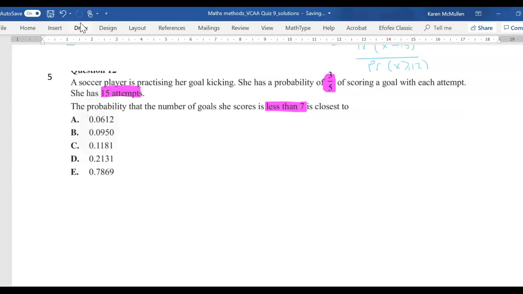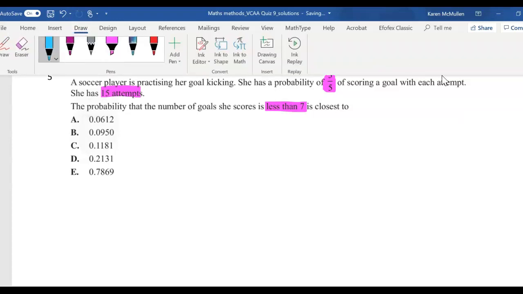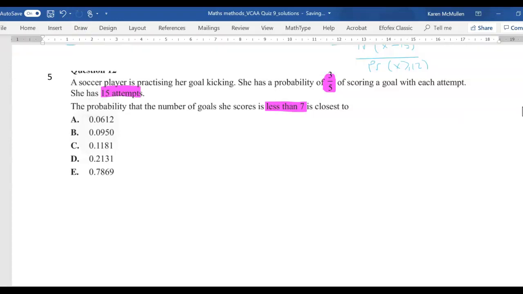Now, this doesn't use the phrase independent anywhere, but it doesn't say that it changes. So I'm just going to presume that it's independent. When you've got attempts, that's another sign of a binomial distribution, she's having several goes at it.